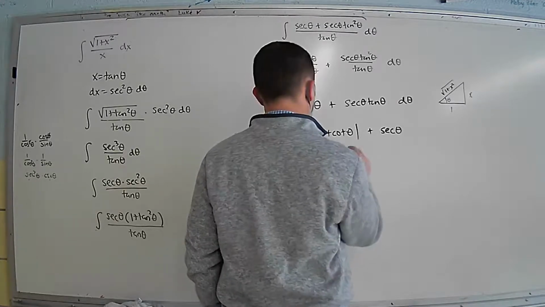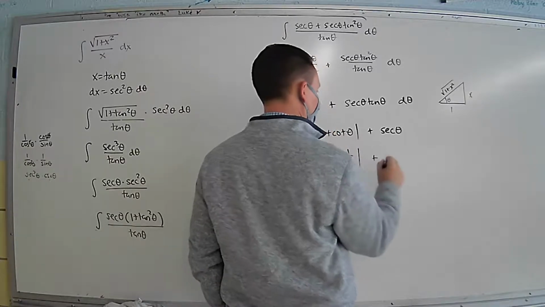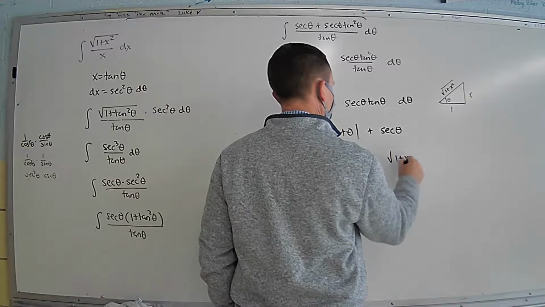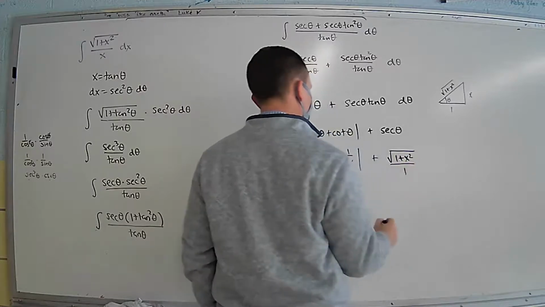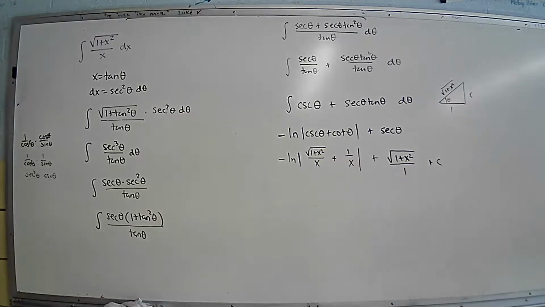Cotangent is going to be 1 over x. And secant is going to be 1 over the cosine, plus C. So that involves some algebra trickery, right?